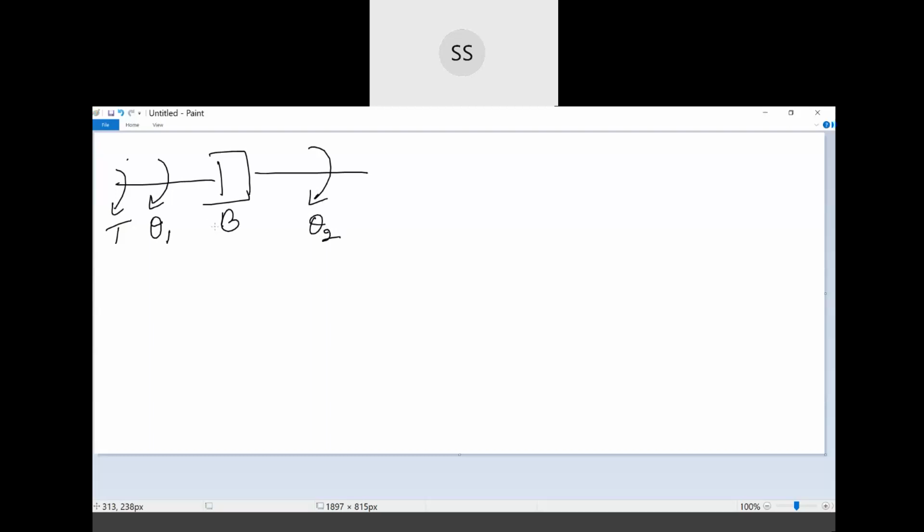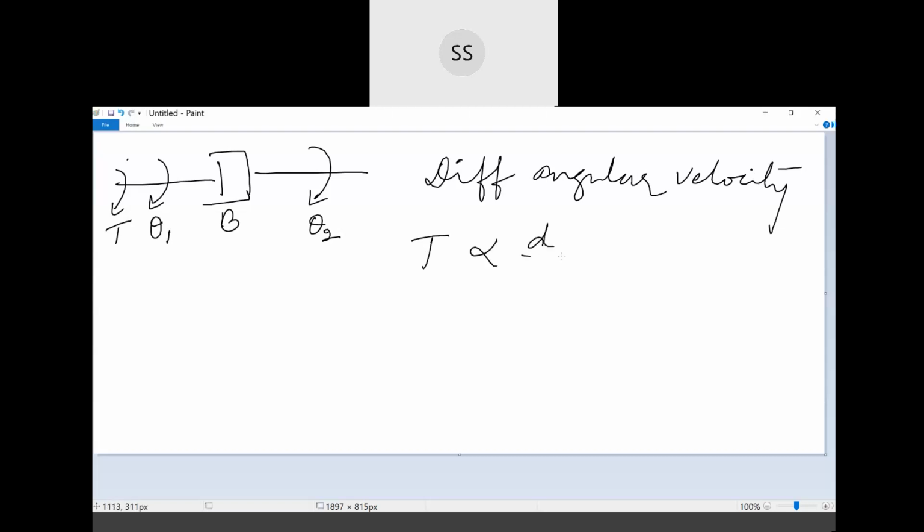Now in such a case, we will have to take the differential angular velocity. That is, we have to consider differential angular velocities. In this case, the applied torque T will be proportional to d by dt of theta 1 minus theta 2.